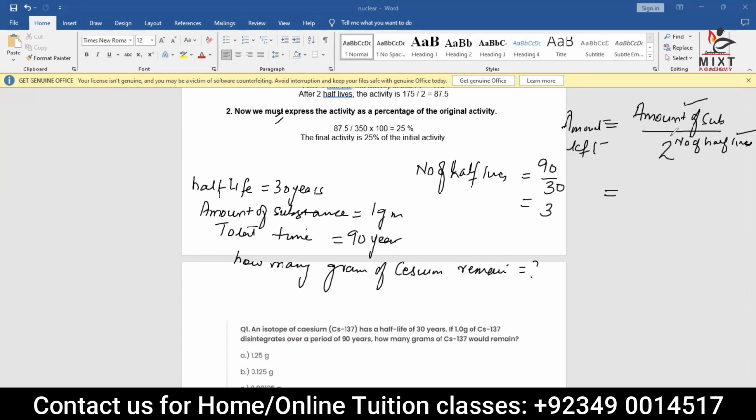Now, place the value. Substance is 1 gram. Formula is 2 to the power 3. That will give you the amount left. So, this is basically 1 upon 8. What is 1 upon 8 equal to? 0.125.